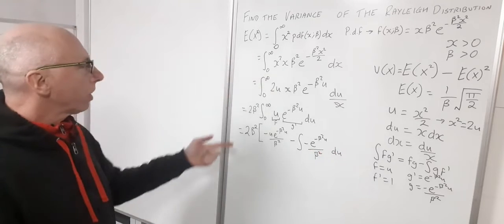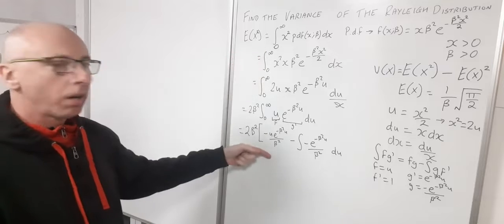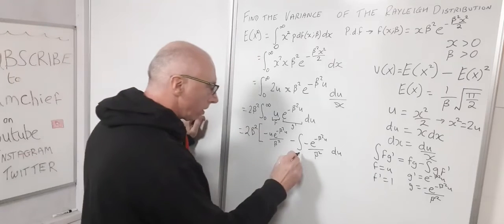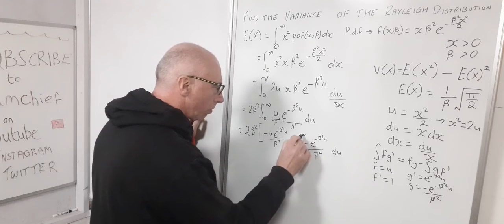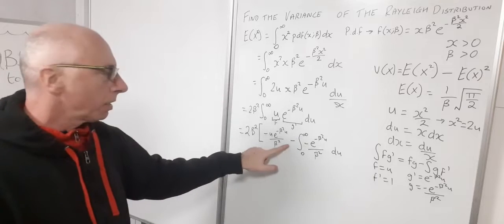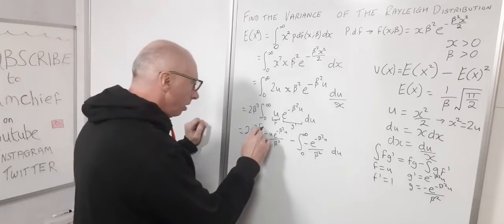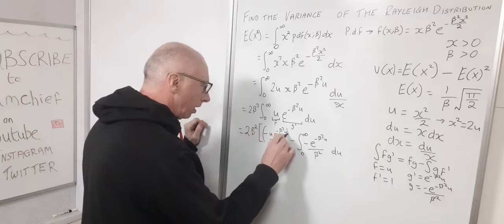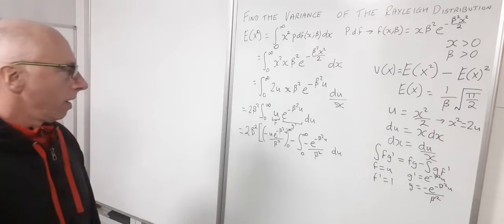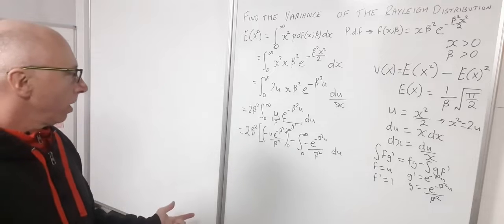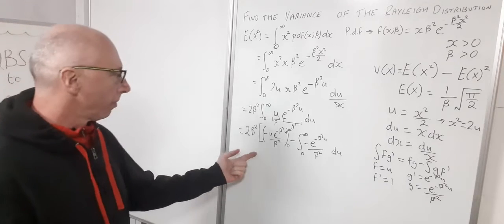And now, because I've got limits, I need to plug in 0 to infinity. So my integral will need those limits. And this here, as part of my answer, will also need to be calculated over those limits as well. Okay, so simplification, what have I got?